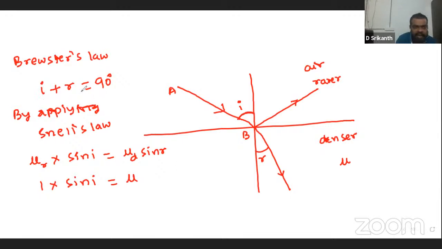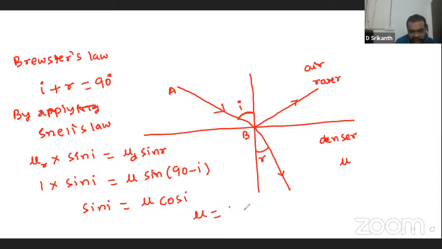Since I know that I plus r equal to 90, instead of r I can write sine of 90 minus I. So that is sin I is equal to mu times cos I. So mu is equal to tan I, where I can be called the angle of polarization. It is the angle at which the light ray is incident such that we get the reflected light as polarized.